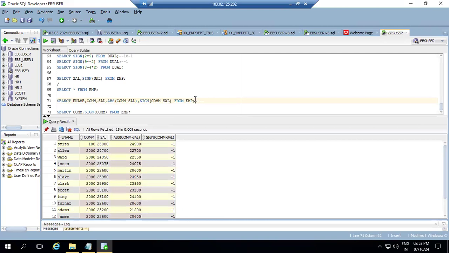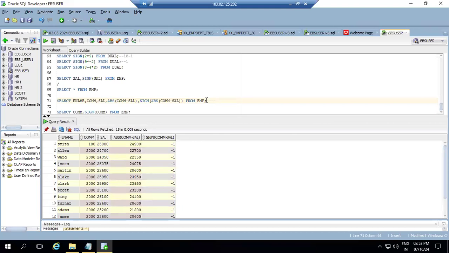So what happens here now? Can we use it this way? What happens if I'm using sign as one function and inside it again using another function like ABS?